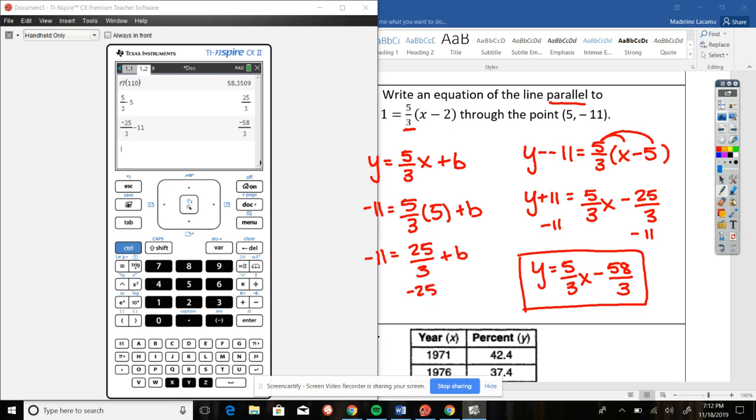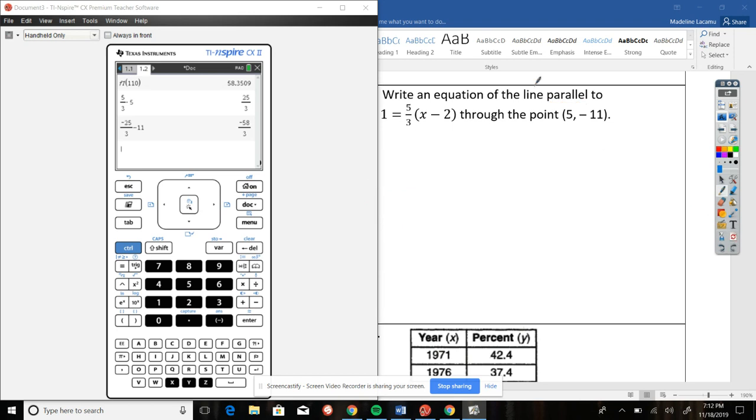Then I subtract 25 over 3 from both sides, and we get the same answer. So in this case, our b would still be negative 58 over 3. All right.